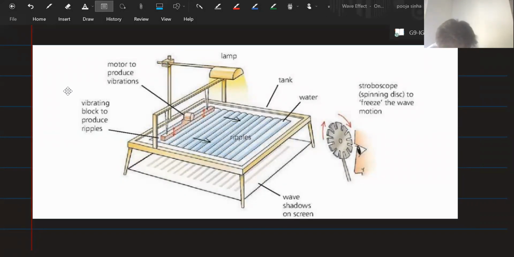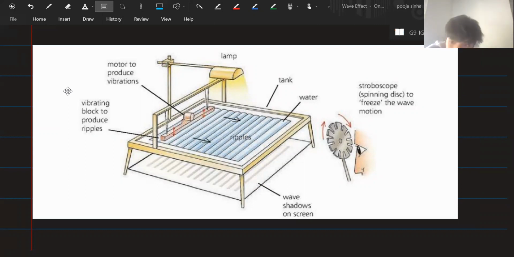Various obstacles are kept in that water so that somebody can observe what changes happen, to understand the properties of the wave and what effect happens on the wave.